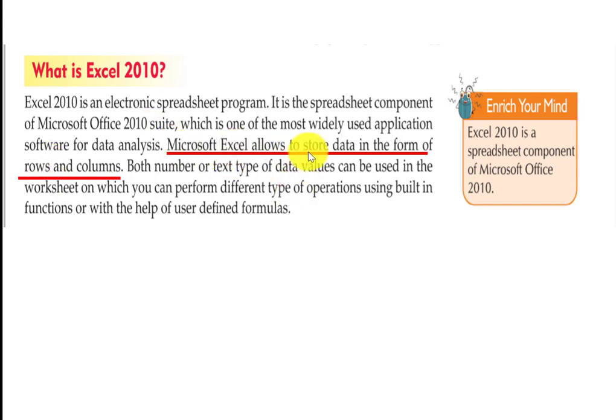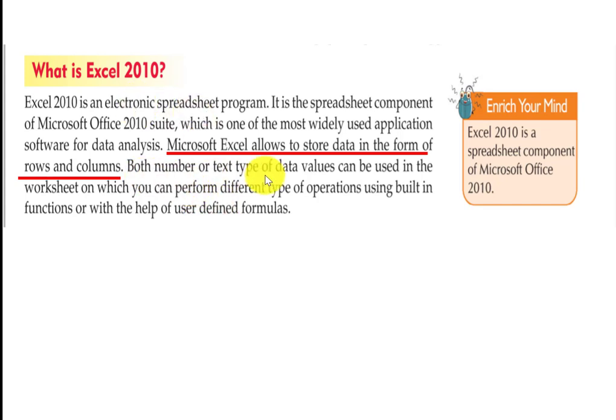Microsoft Excel allows us to store data in the form of rows and columns. In MS Word, a document is there, but in MS Excel, when the data is stored in the form of rows and columns, we call it a spreadsheet. That's why it is called an electronic spreadsheet.